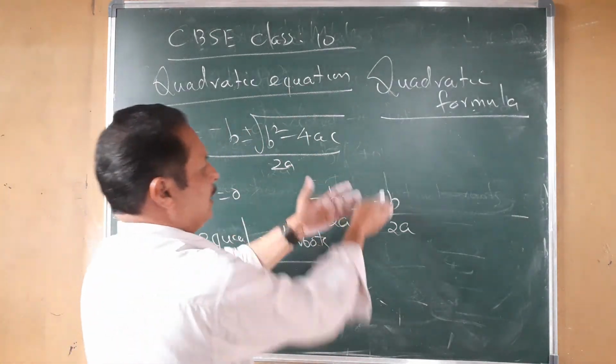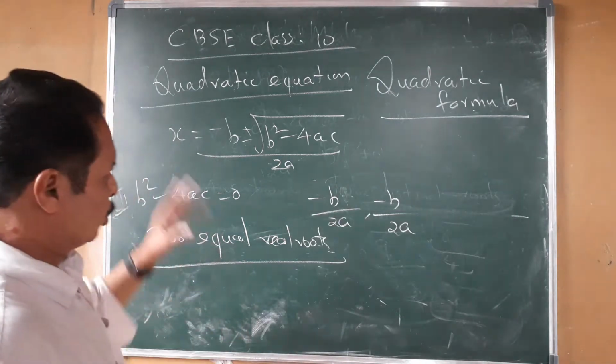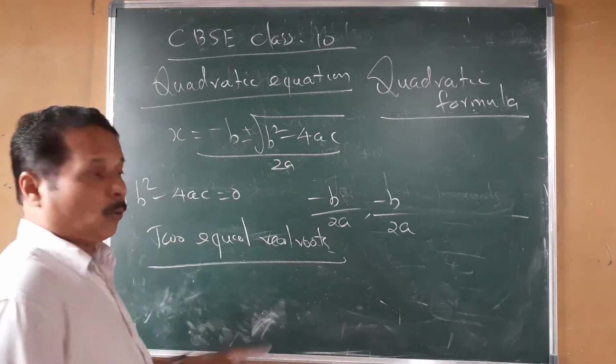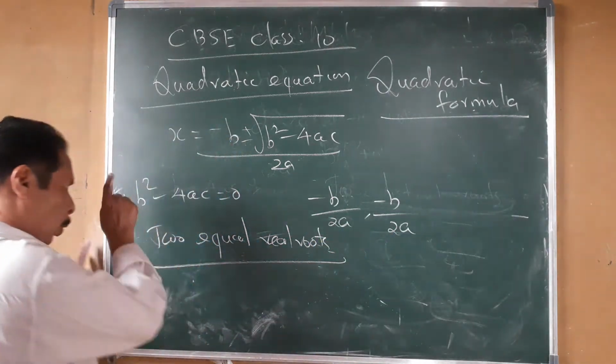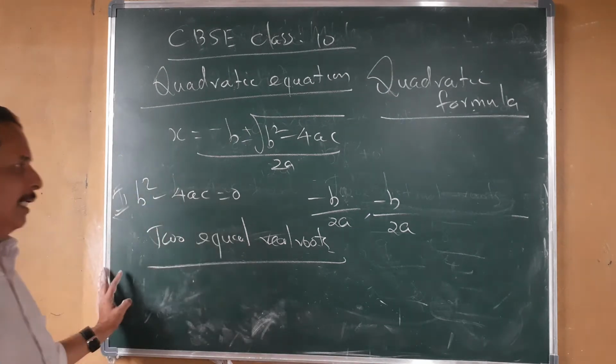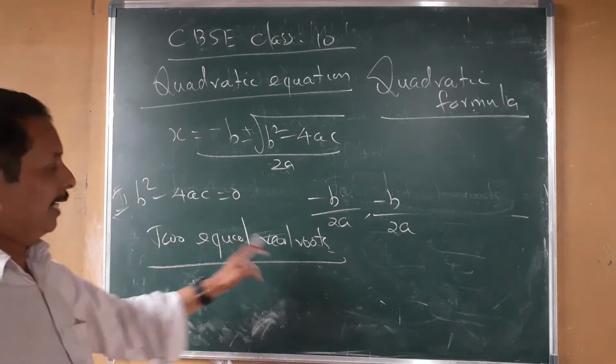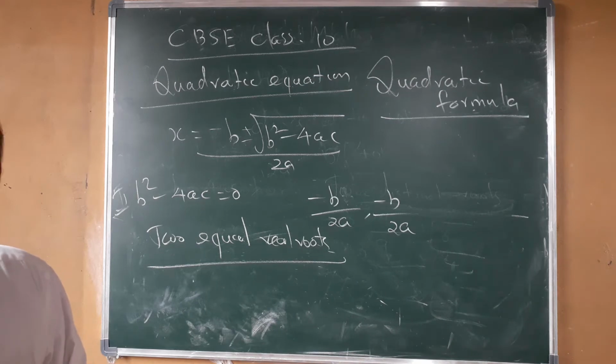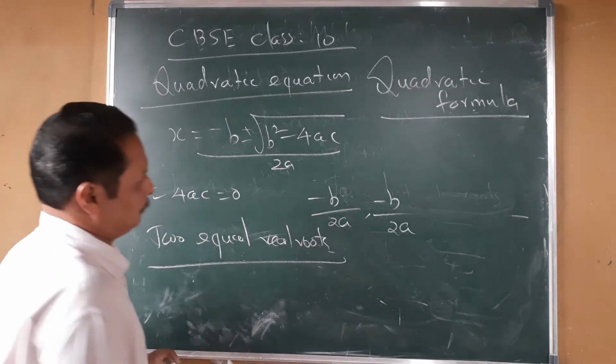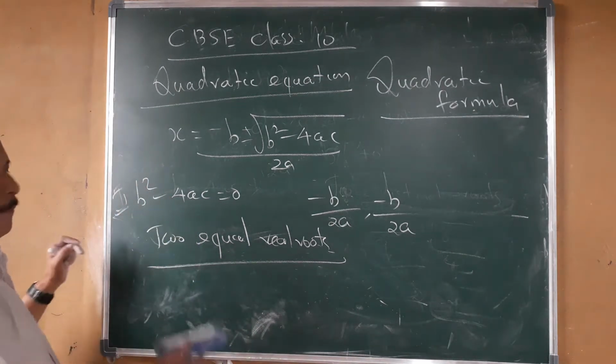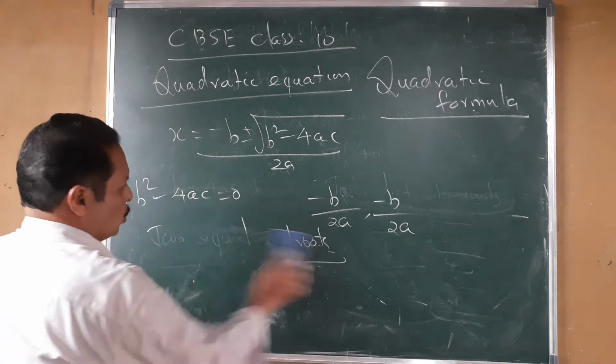Both are minus b by 2a, repeated. That means two equal real roots. You get the idea? You get two answers and they are equal. So if b square minus 4ac is equal to 0, you get two equal real roots. Better you write it.